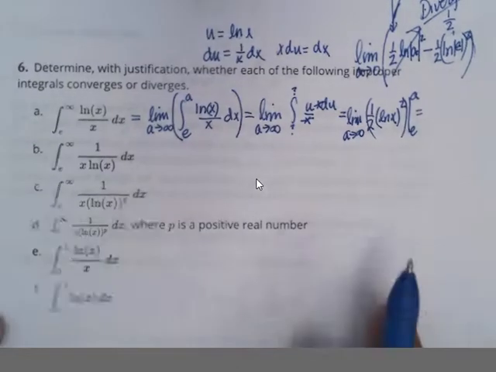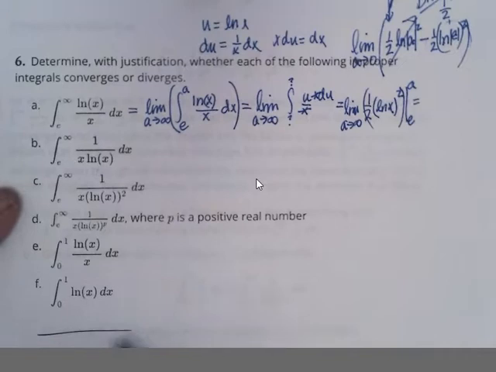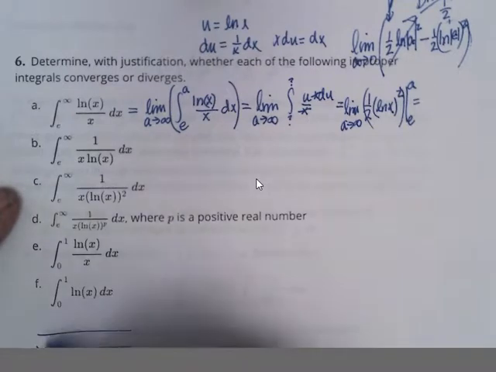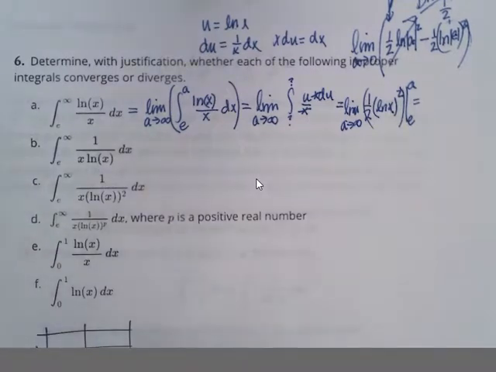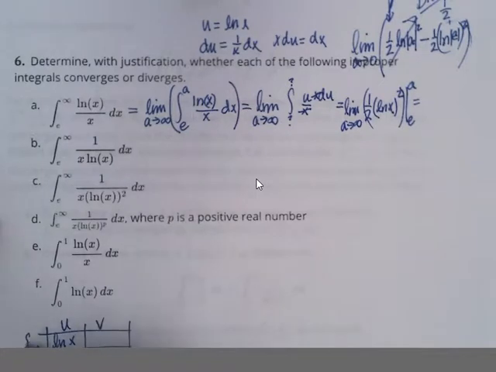Actually, no. This one we have to do by parts, I believe. We're going to put ln x for u, and dx for v prime. So I take the derivative of this and I get 1 over x dx.